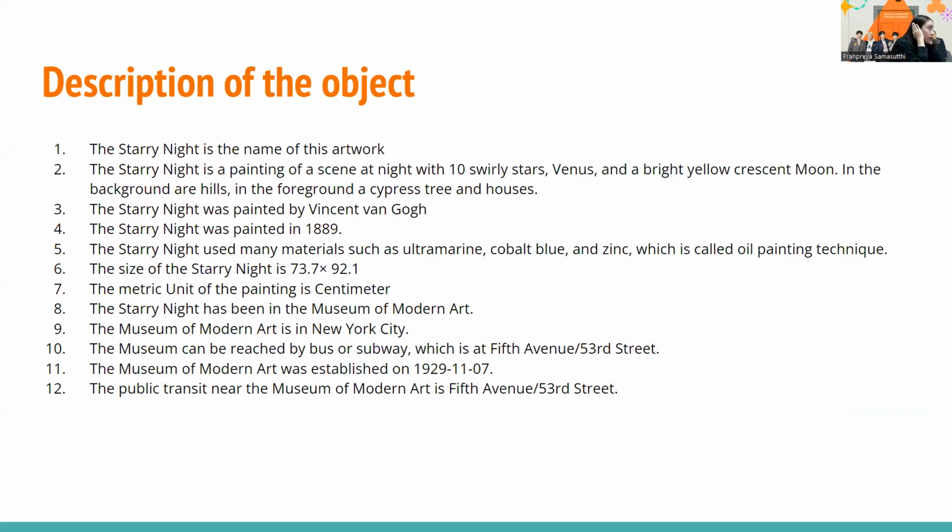The first is the Starry Night, which is the name of the artwork, and we also write a description of what the Starry Night is, or the content, which is the ten swirly stars, Venus, and so on.